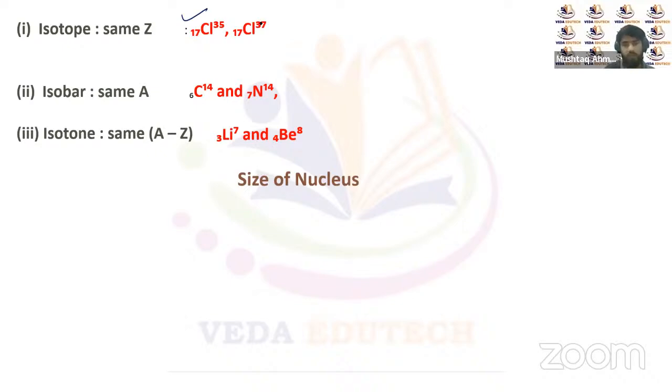So for chlorine 35, the number of neutrons will be equal to 18. For chlorine 37, the number of neutrons will be 20.